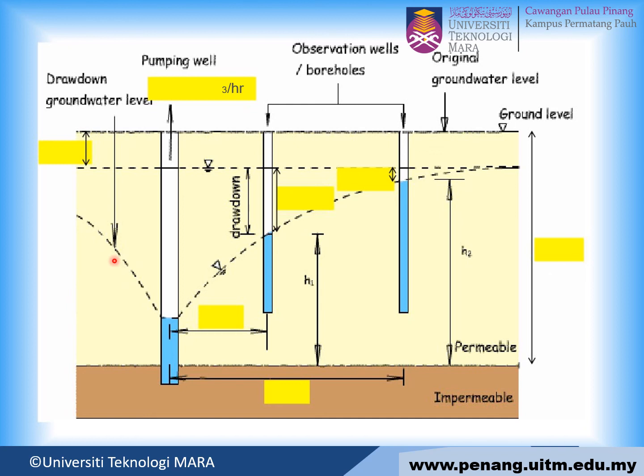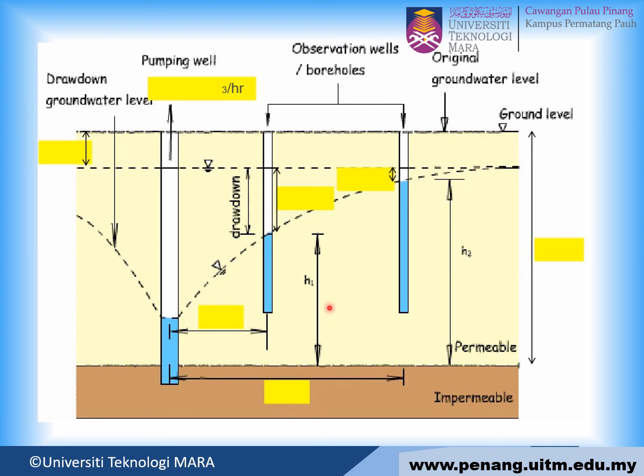Alright, so first you have to know the value of the initial groundwater table, the height from the surface to the initial groundwater table, and then the pumping well discharge. Then you have the radial distance from the pumping well to observation well number 1, this is R1, and the pumping well to observation well number 2, this is R2.